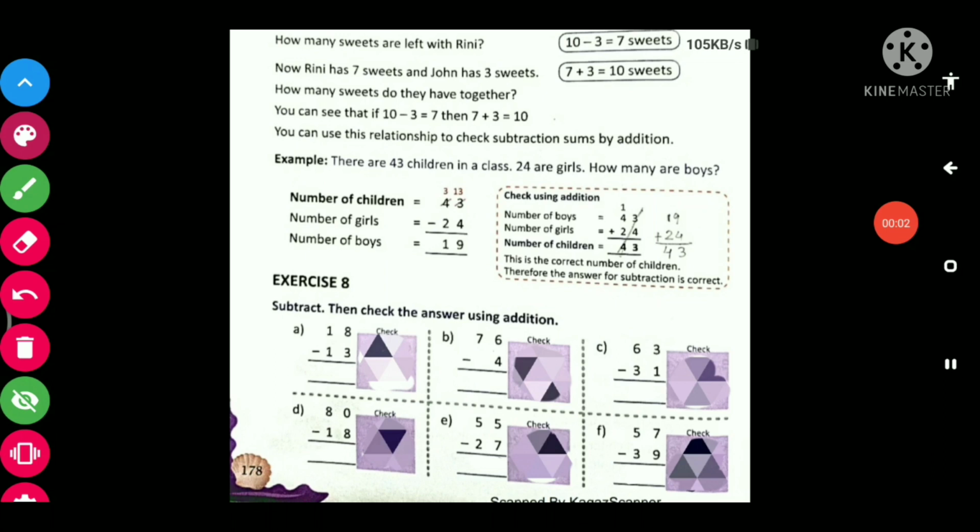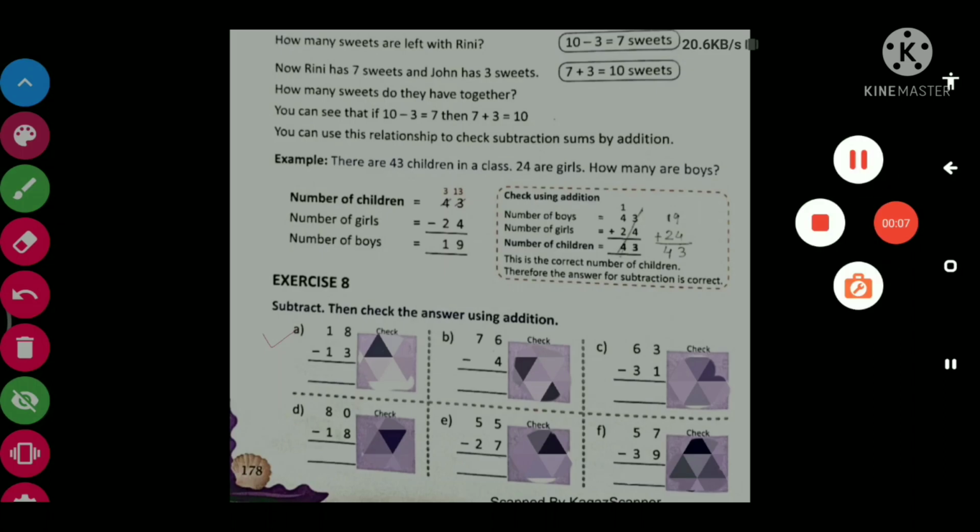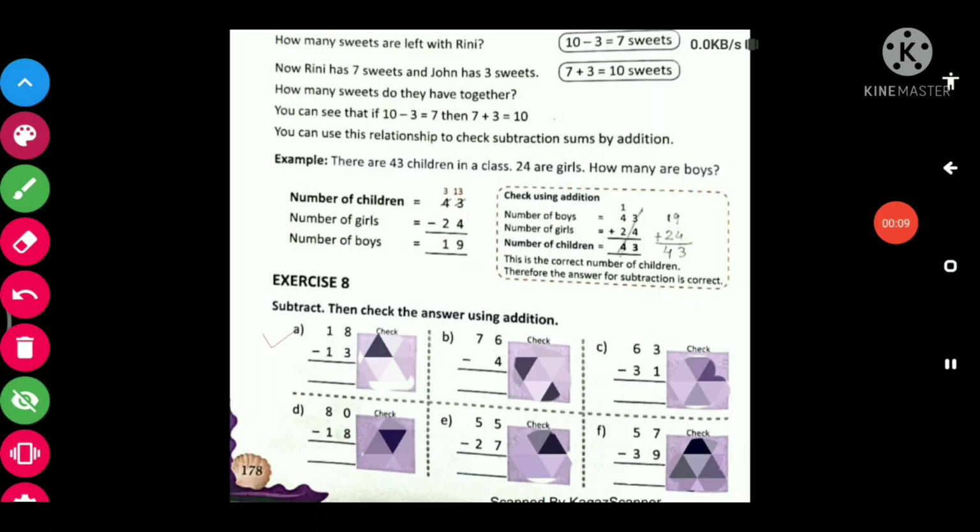Okay students, now see the first one. Here we have to check our subtraction by using addition. So first of all we'll do subtraction. See, in the ones place 8 and 3 are there. So 8 minus 3, how much will it be?